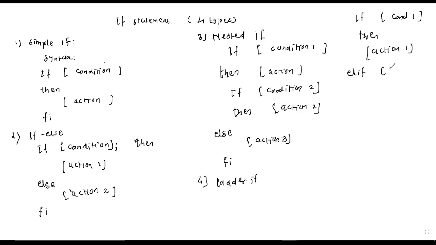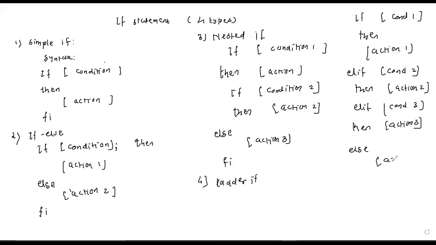So if we have condition 2, then there will be action 2. And so on. Elif, suppose we have condition 3, then action 3, else, we have the next action, and then we close the syntax by using fi.